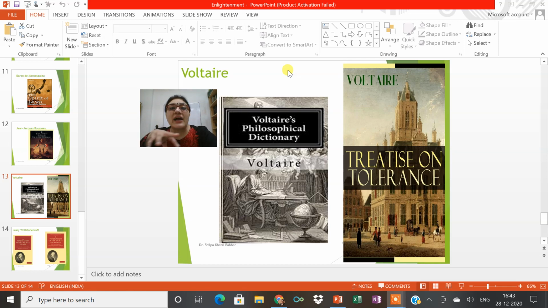This has been the prime subject matter in his first book, which is to my right: Voltaire's first major philosophical work, titled The Treatise on Tolerance, published in 1763, in which he calls for tolerance between religions and heavily targets religious fanaticism. A year later comes the text to my left, which is a philosophical dictionary.